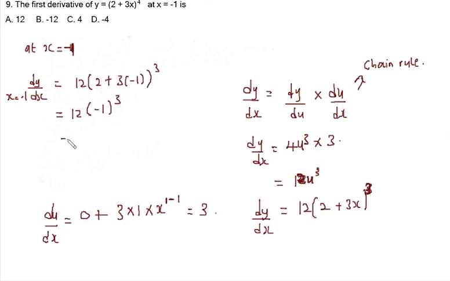So we have 12 times -1 cubed, which is -1, so 12 times -1 is equal to -12. So the answer is B.